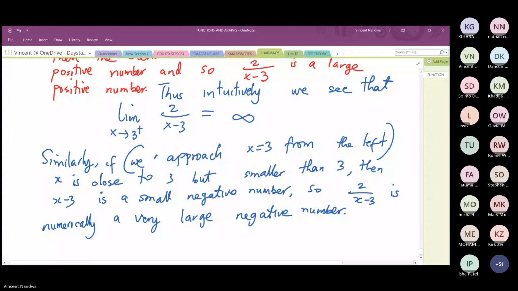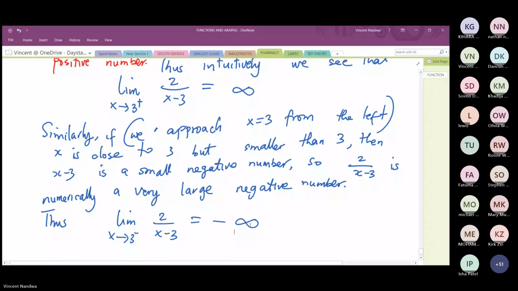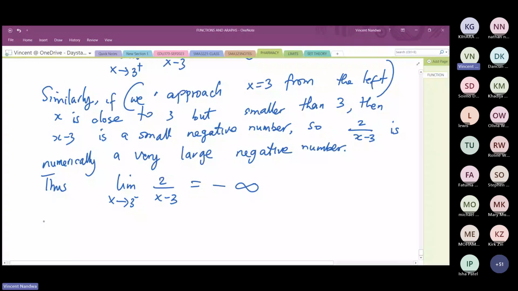And so the limit as x approaches 3 from the left of 2 over x minus 3 is going to be a very large negative number. And clearly, x equals 3 is the vertical asymptote.